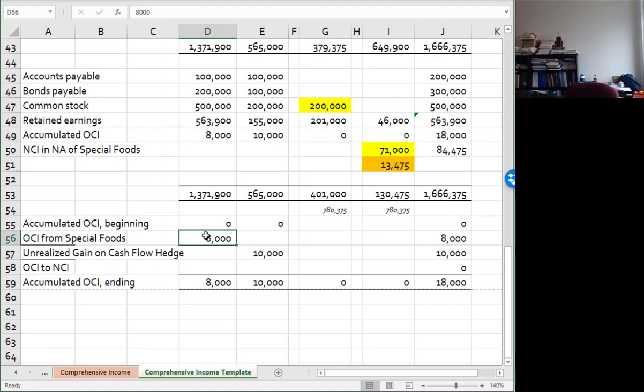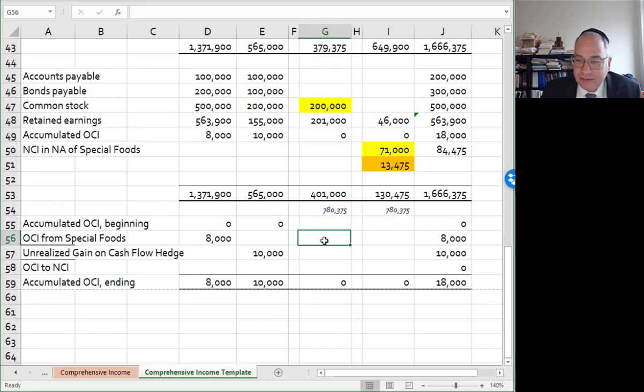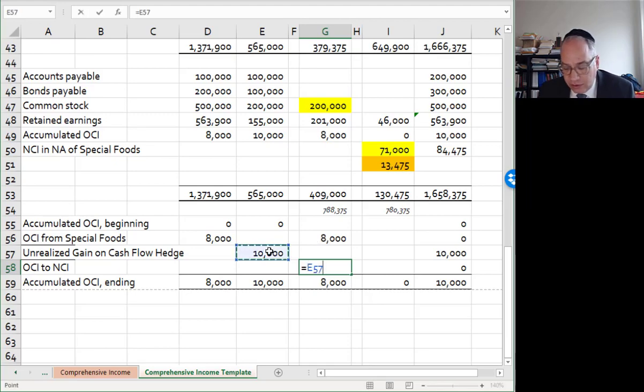So what I'm going to do here is I'm going to debit OCI from special foods to eliminate this double counting. And then I'm going to debit OCI to the non-controlling interest, the non-controlling interest share of this, of $2,000, to this account.